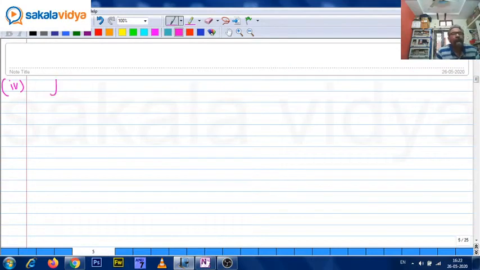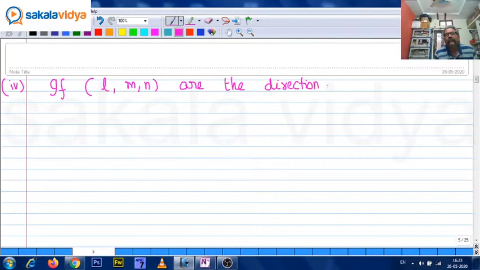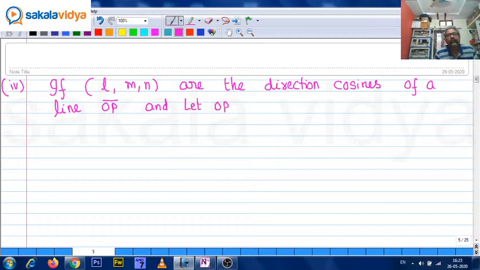Suppose L, M, N are the direction cosines of a line OP, and the length of OP, the distance from O to P, is R units.